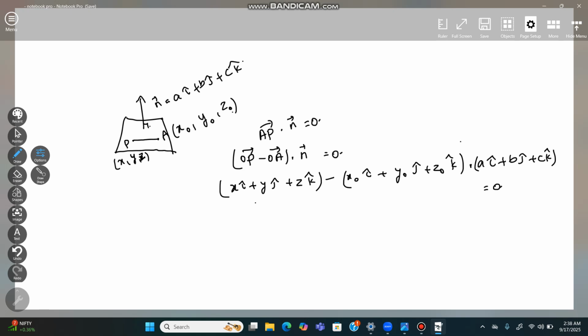Now I am going to isolate all i terms separately, j separately, k separately, because we know that i dot i equals j dot j equals k dot k equals 1, whereas when we take the dot product of i with j, j with k, or k with i, that will become 0, since i, j, k are mutually perpendicular vectors.